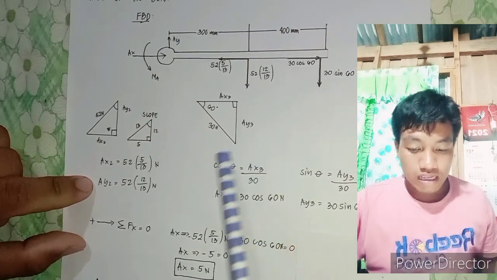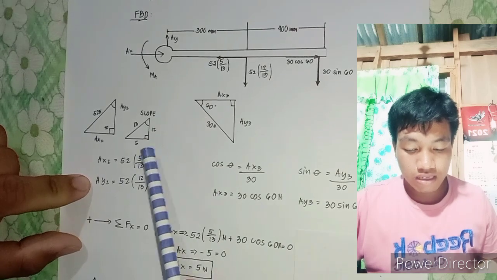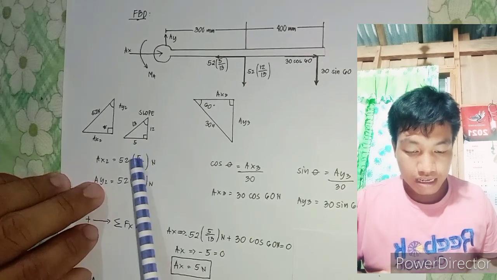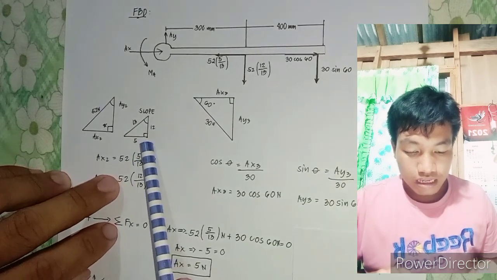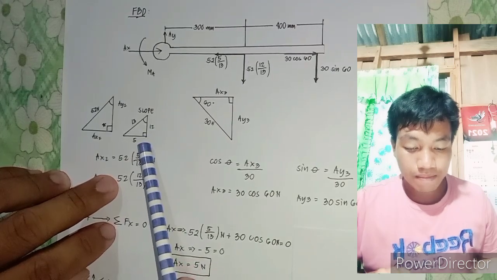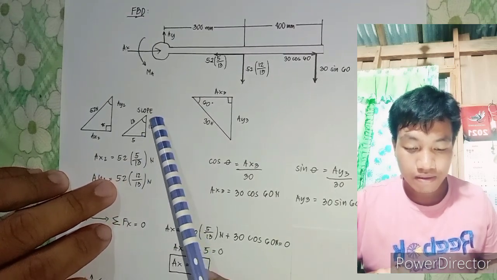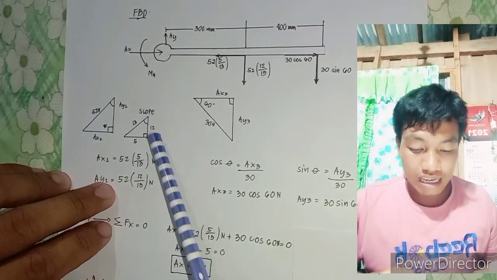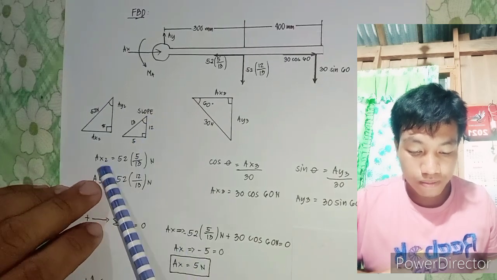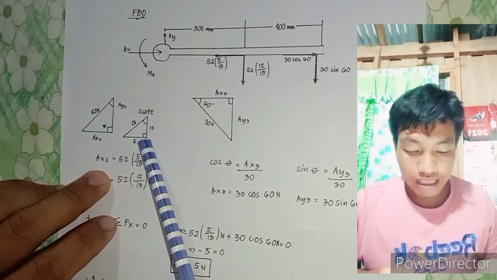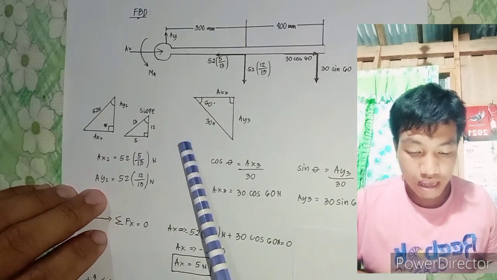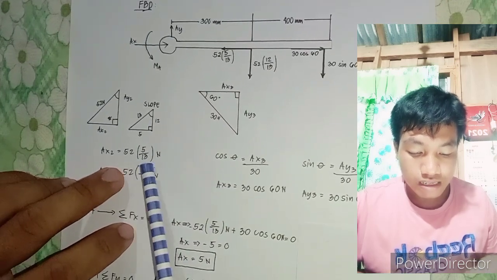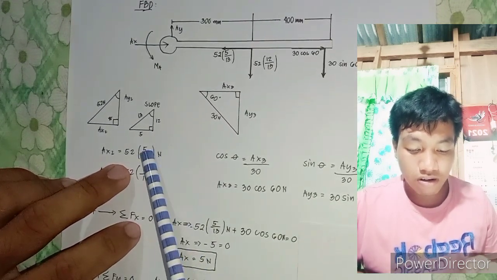So, as I said, we are given a slope for AX2. The 5 is adjacent to the angle, and we are given a hypotenuse of 13. So, 52 times 5 over 13: 5 is our adjacent, 13 is our hypotenuse.